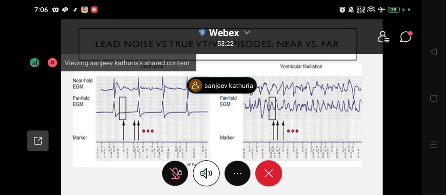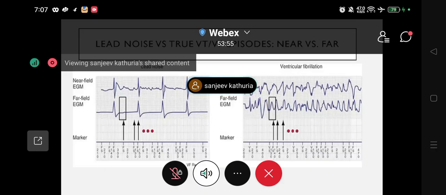Correct? But in the far field there is nothing. The far field is regular. The near field has this kind of small swing. So the device is now seeing something in the near field, but in the far field nothing.